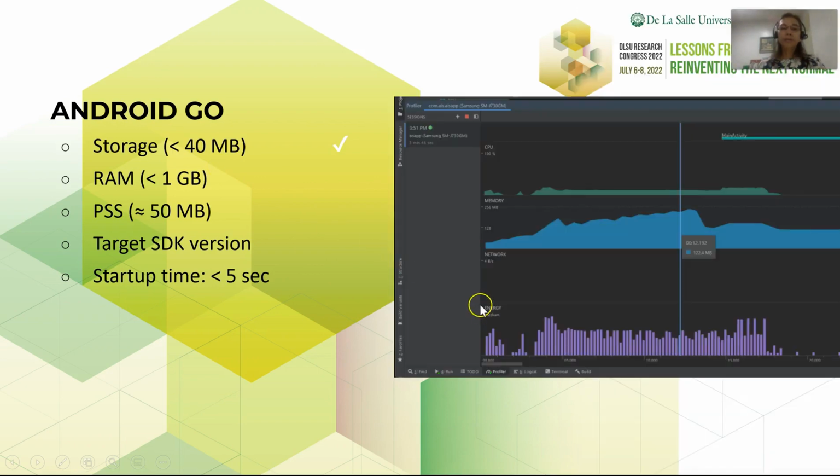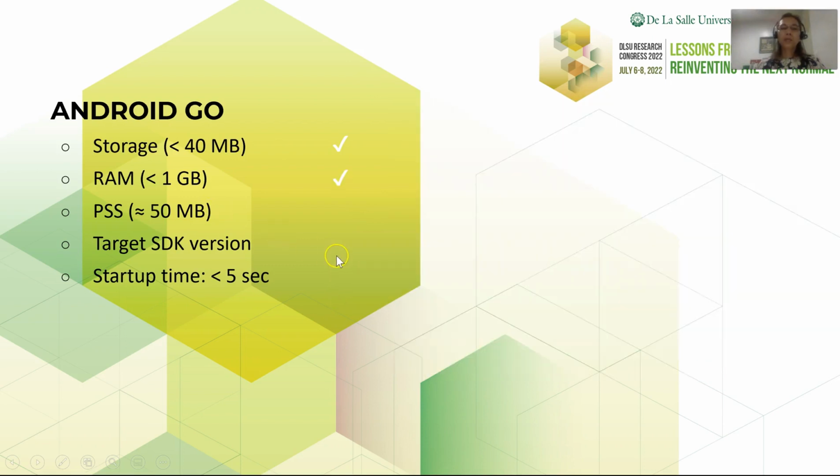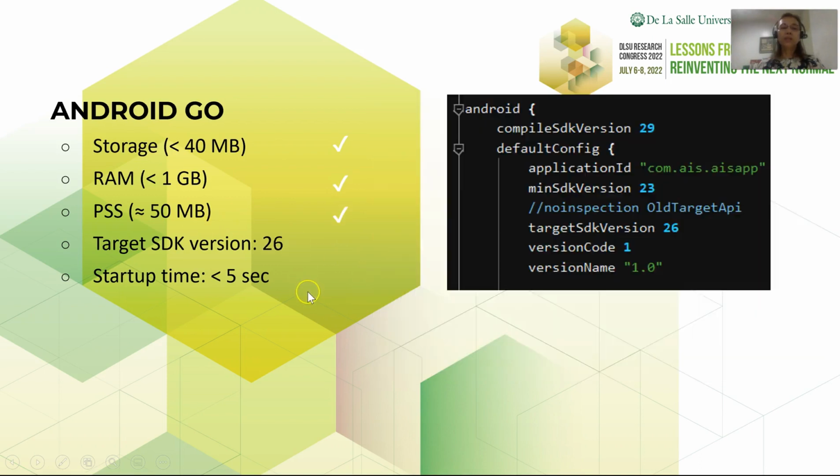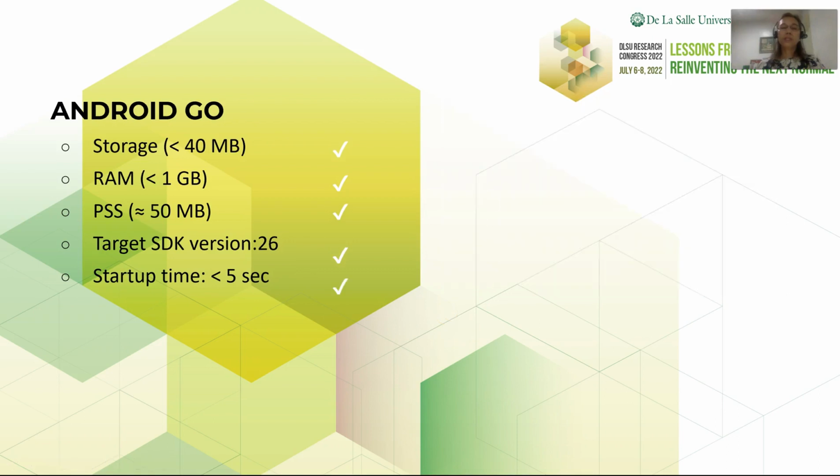For the RAM, we have only 256 MB, which is less than 1 gig. We have the PSS, which is still within the range, and then the target SDK version, and the startup time is less than 5 seconds.